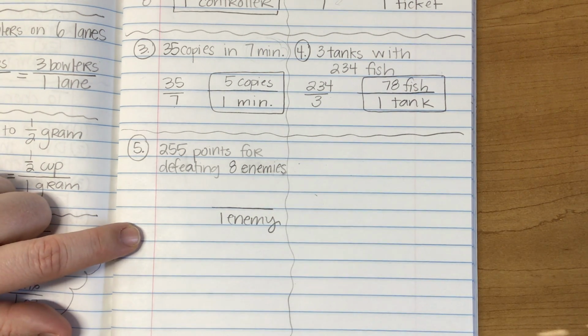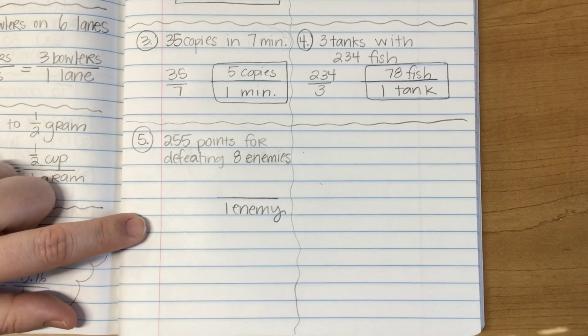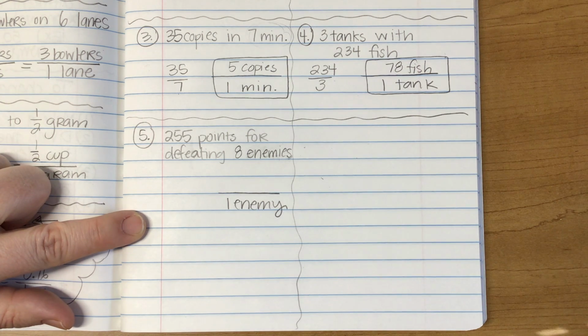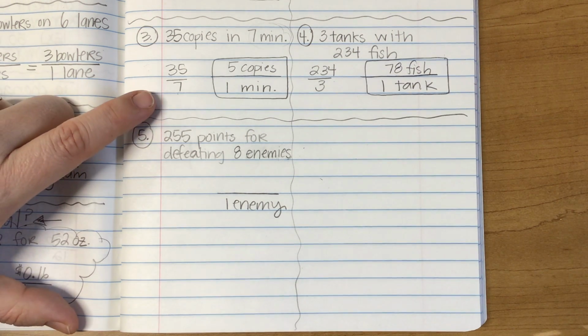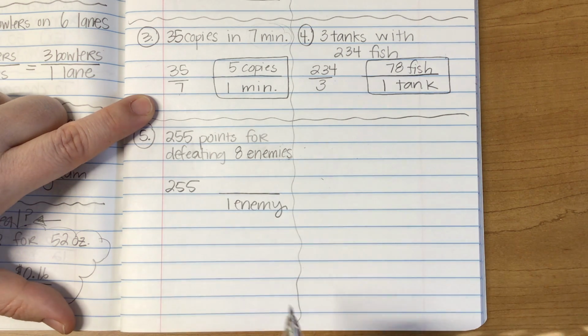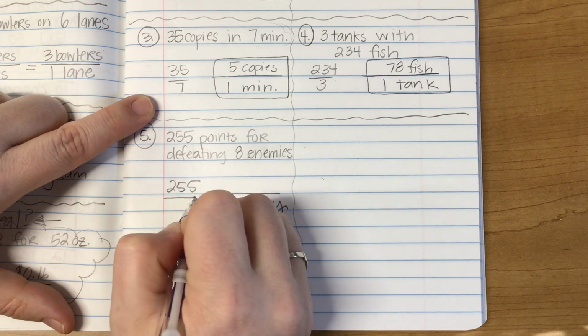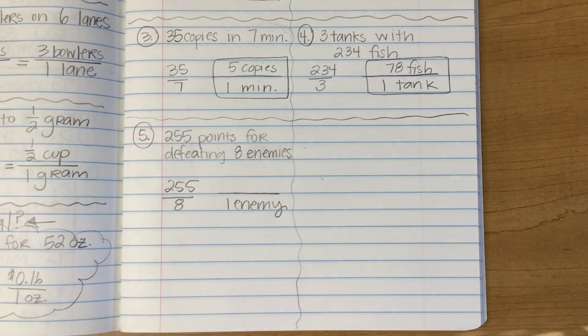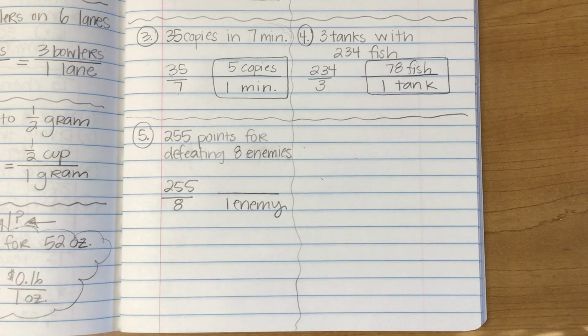How many points for 1 enemy? And again, most of the time, not all the time, but most of the time in our 7th grade math world, it's usually going to be the greater number divided by the less number. Sometimes it's not, but a majority of the time it is.